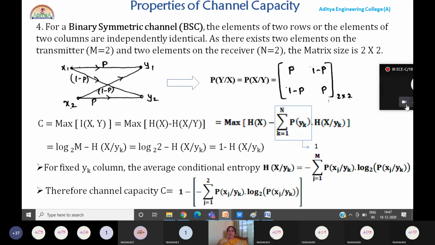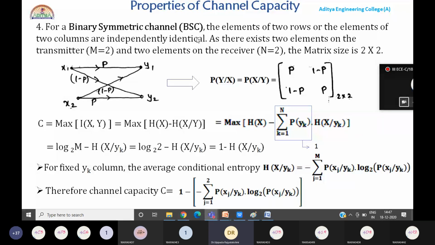So m is 2, where m represents the number of elements on the transmitter side, and n represents the number of elements on the receiver side. So the matrix size is 2 by 2.